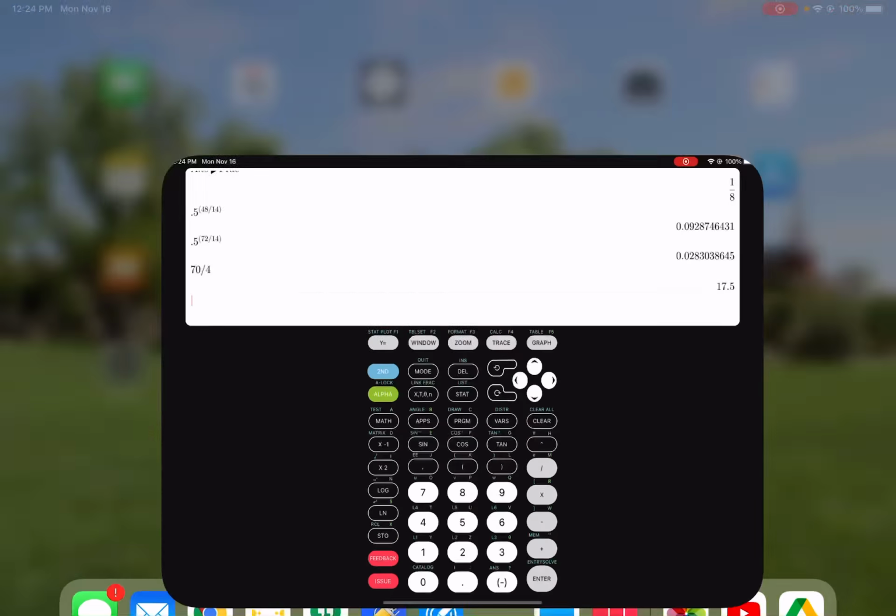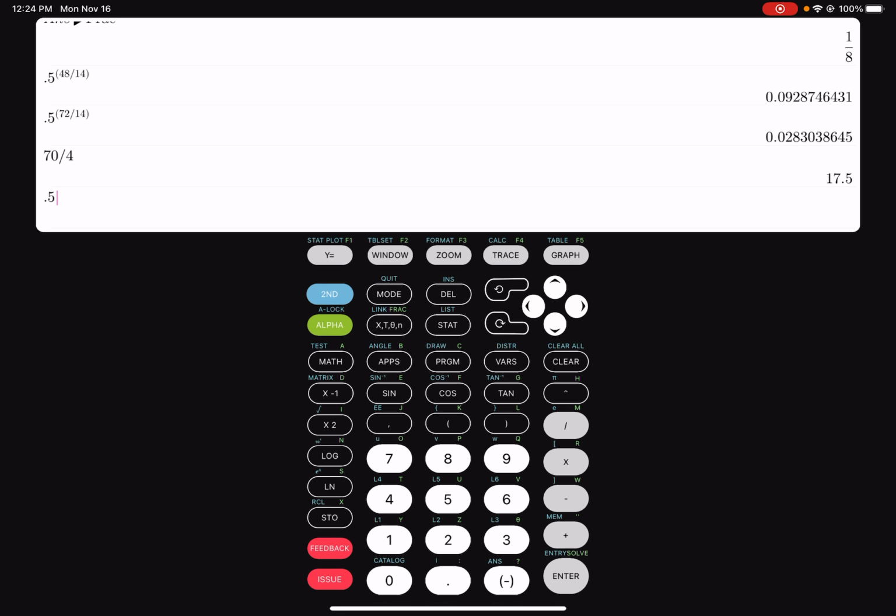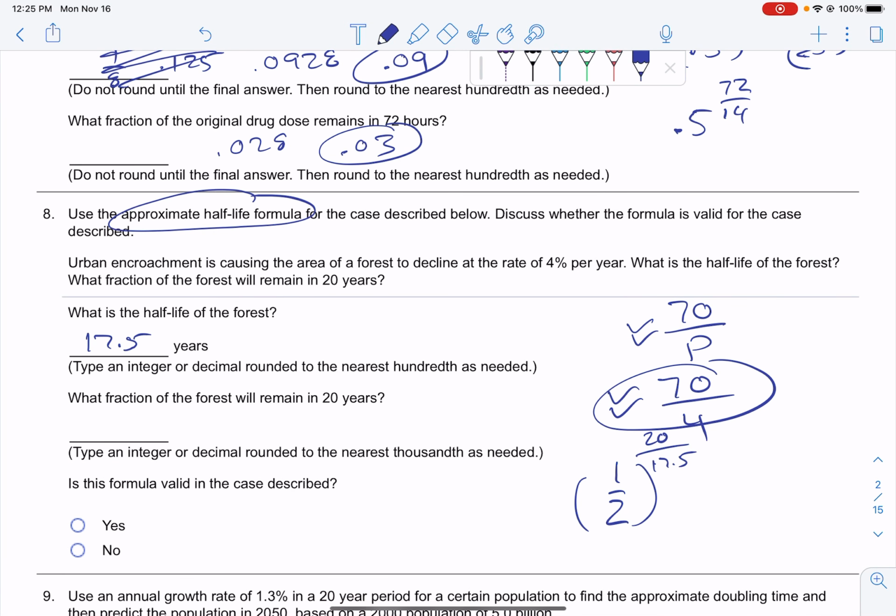So if I go 0.5 raised to the 20 divided by 17.5, I get 0.4528. So 0.4528 round to the nearest thousandth, so 0.453.